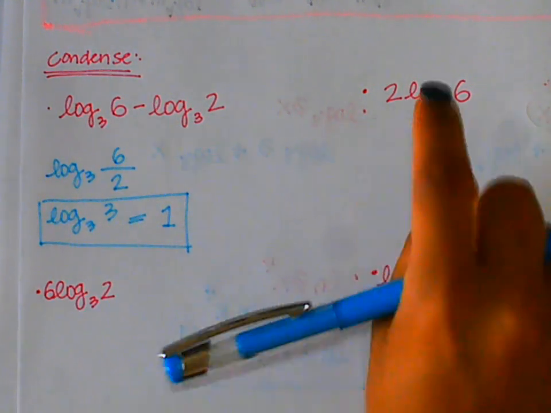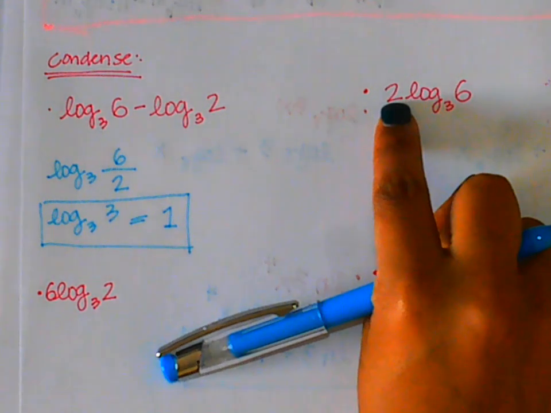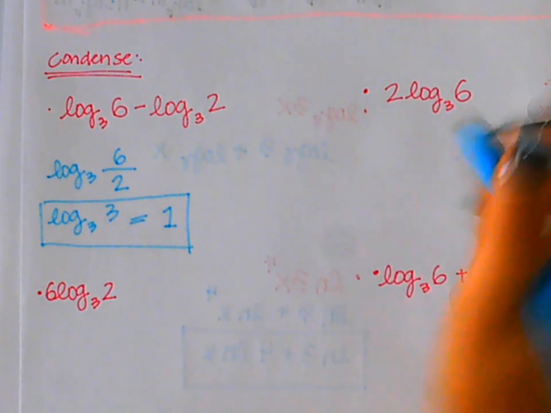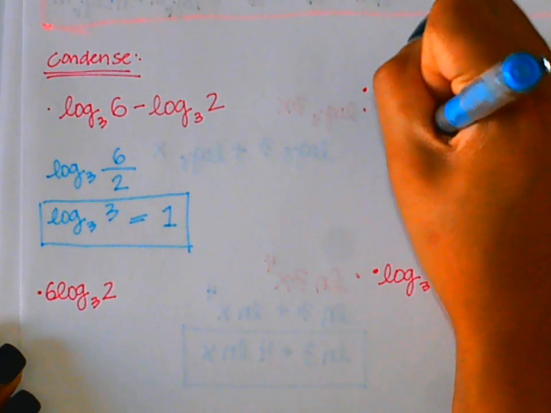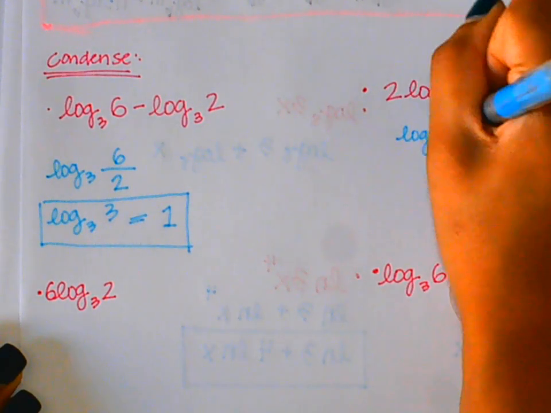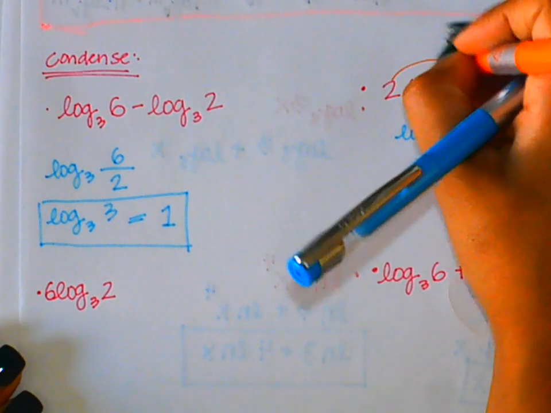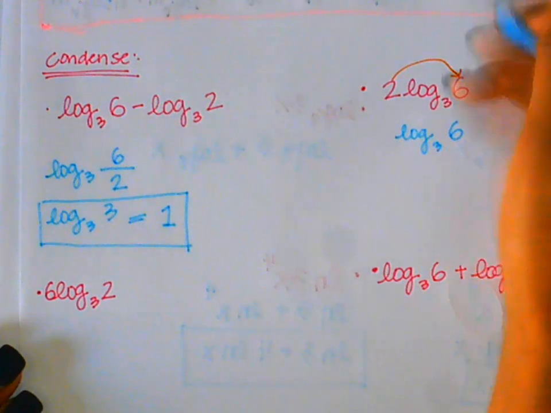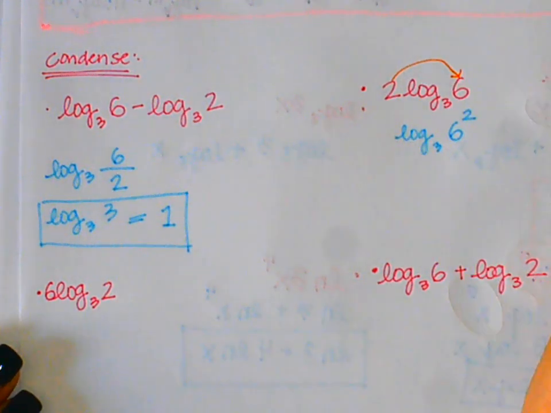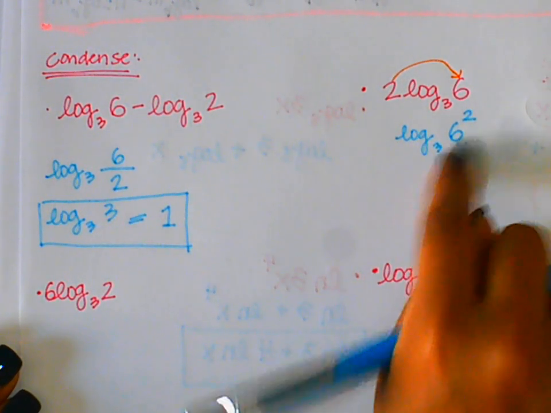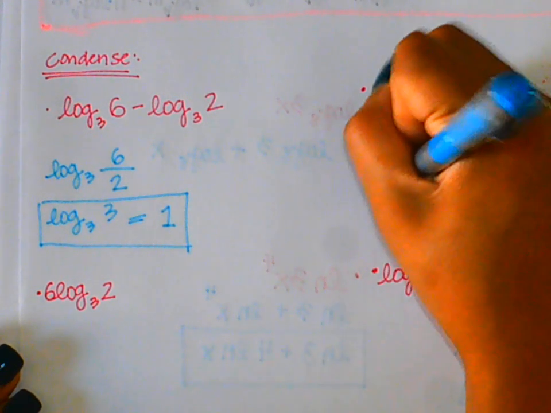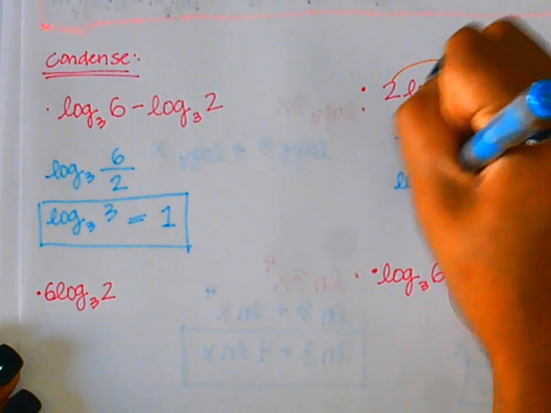Okay, for the next one, I see that I'm multiplying here. So again, I'm going to write my log base 3. I'm going to bring my 6, and this becomes the exponent like this. So then I get log base 3 of 6 squared, which becomes log base 3 of 36.